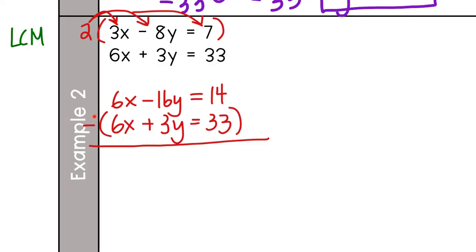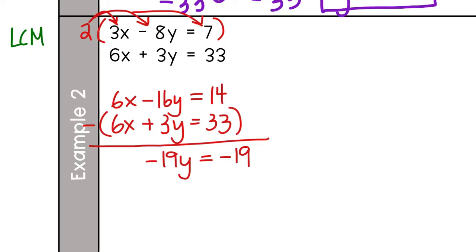So now I have 6 minus 6 gives me 0, so I'm not gonna write it. Negative 16 minus 3 gives me negative 19y equals, and then 14 minus 33. What is 14 minus 33? That gives me negative 19.